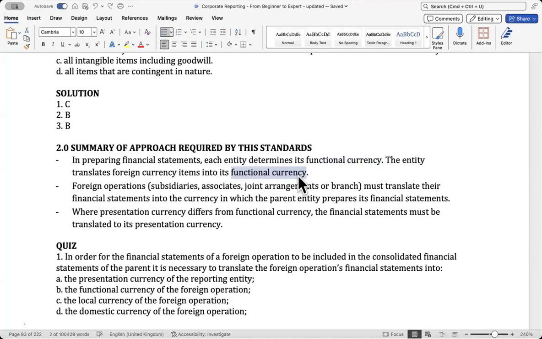So functional currency is extremely important, because as an entity, when you carry out foreign currency transactions, you need to translate those transactions into your functional currency. Functional currency first.